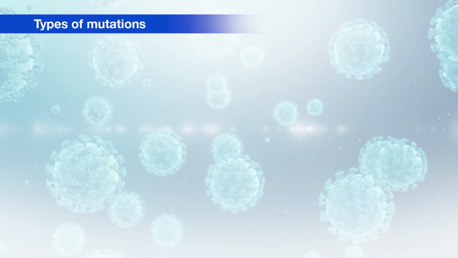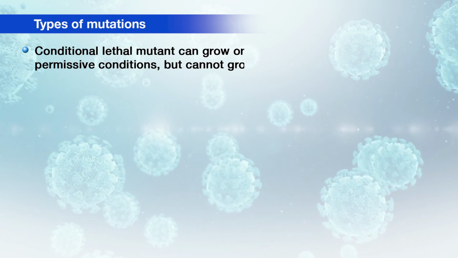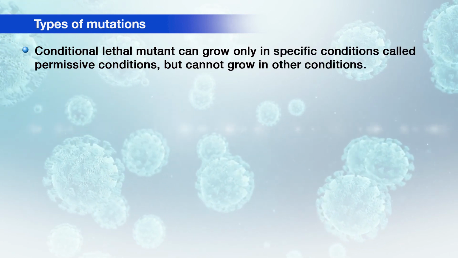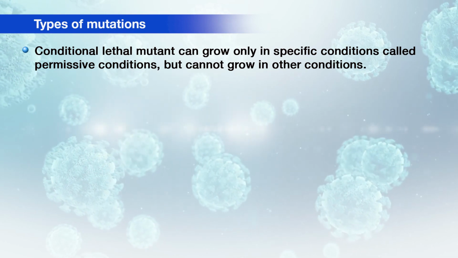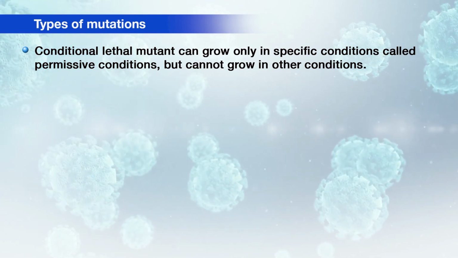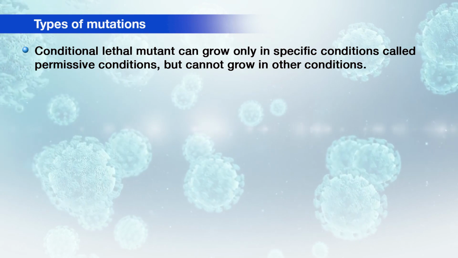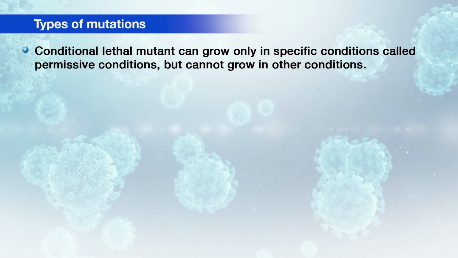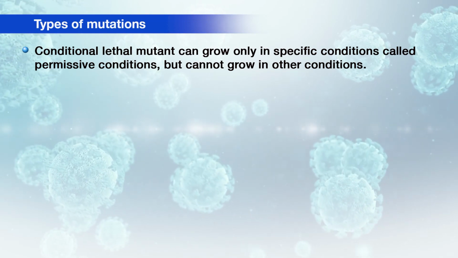As I told before, the types of mutations that you are going to see are conditional lethal mutants or temperature sensitive mutants. In a conditional lethal mutant, under certain specific conditions, called permissive conditions, the lethal mutant can grow, but it cannot grow in other conditions.